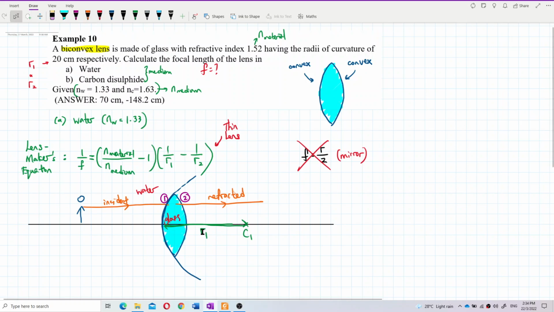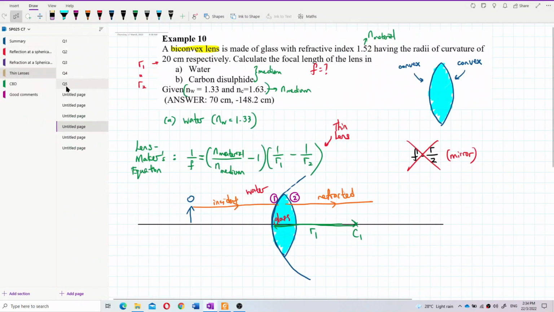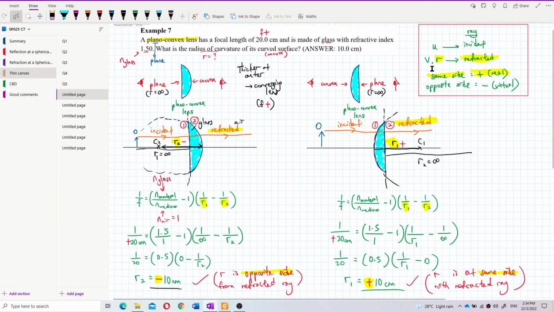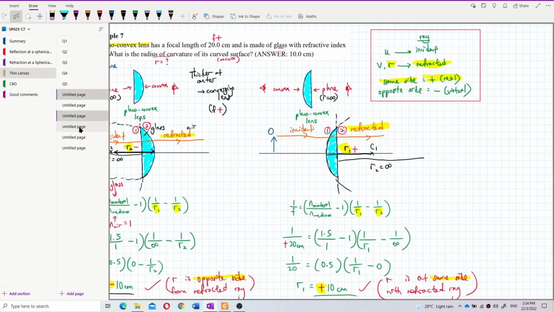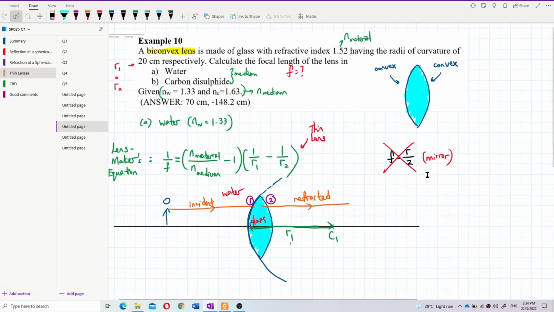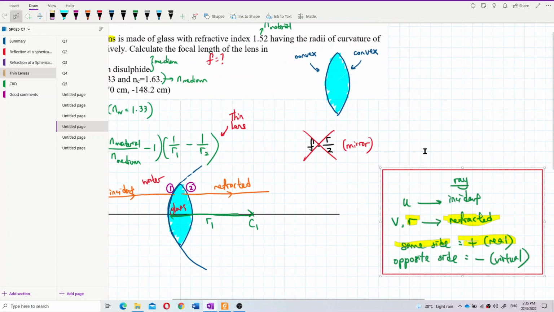How to know? We need to check the comparison partner. I think in the previous example I already showed this one. I want to rewrite this here.